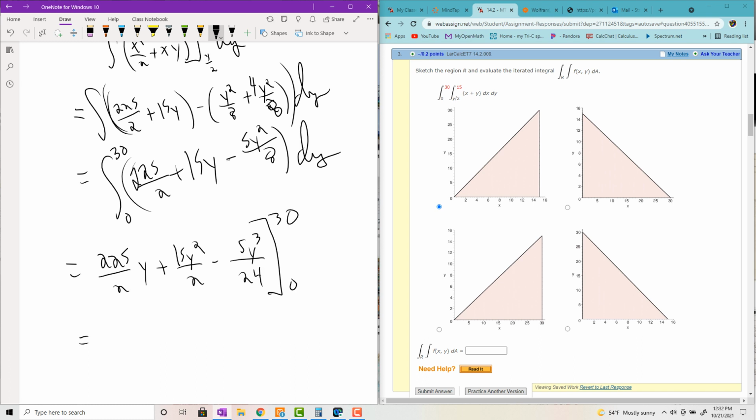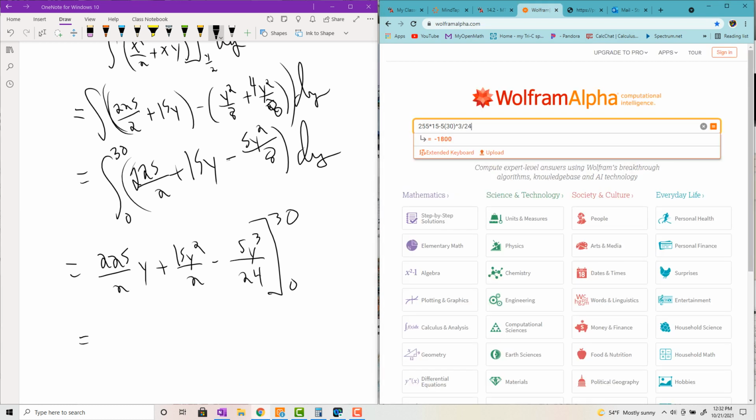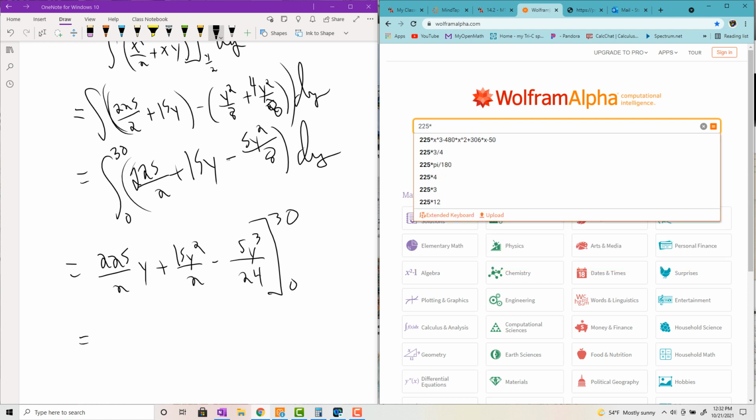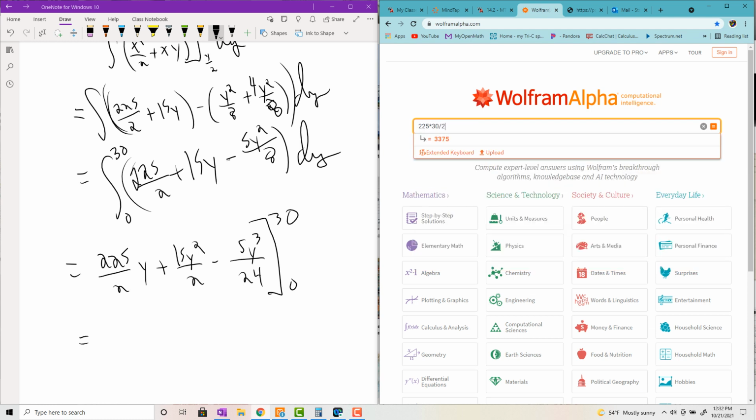So I'm going to cheat a little with Wolfram here. 225 times 30 divided by 2 plus 15 times 30 squared divided by 2 minus 5 times 30 cubed divided by 24.